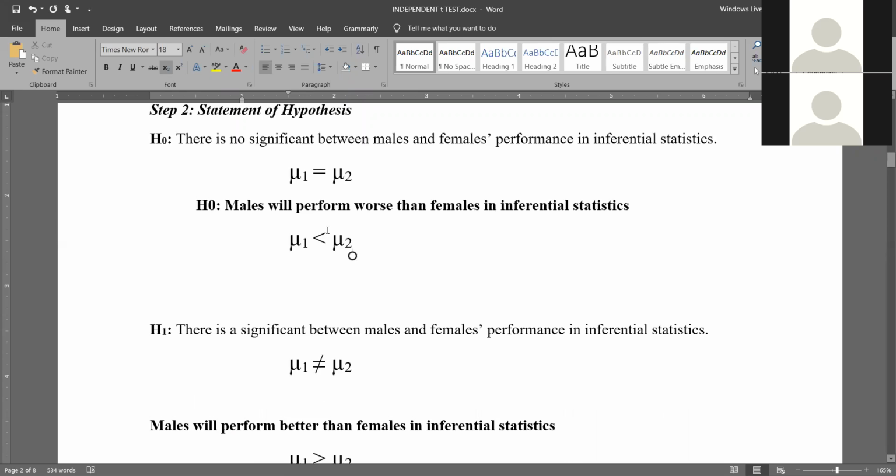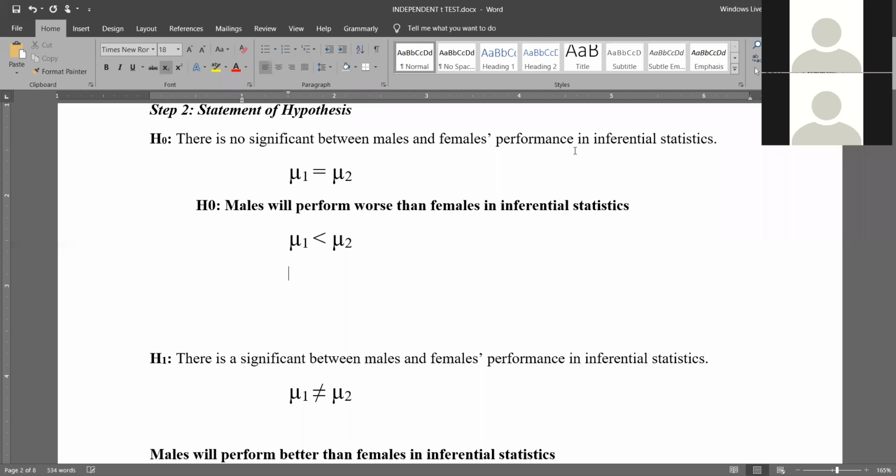So the first opposite could be that, oh, males will perform worse, which is less than, or in a calculation, it could be that the two groups will be the same. So it means males and females, they will be the same. That's also another opposite. So it means you indicate this one too. There is no significant difference. That would also fall under H0.